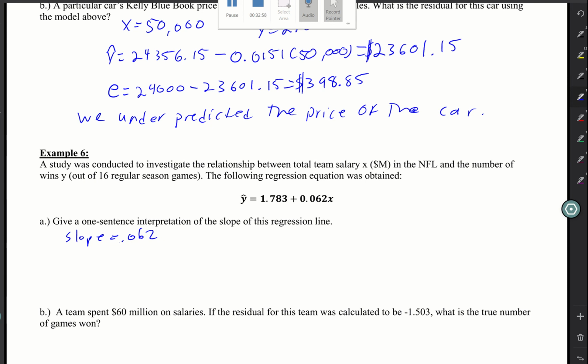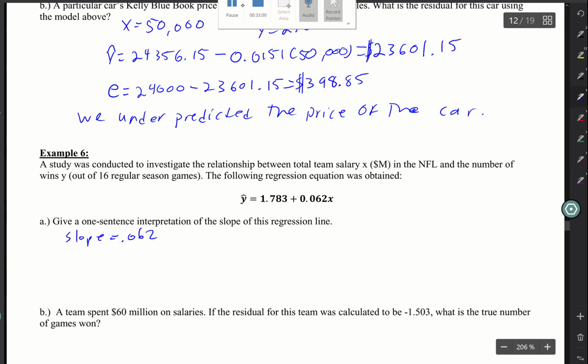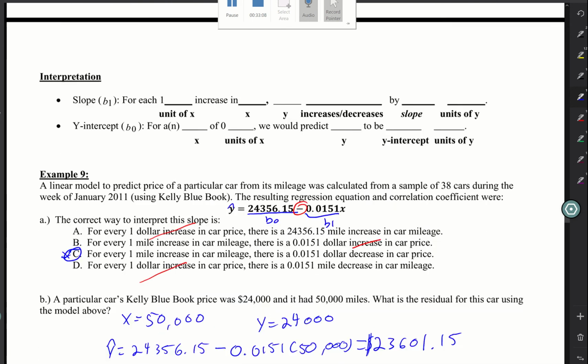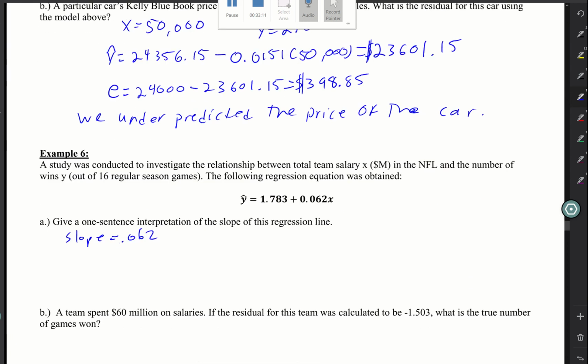It's positive. So we're going to have some kind of increase. So if we went back to our little piece up here, we would start with for each $1, is that my units for X? Or I guess millions of dollars. So for each $1 million increase in our salary.